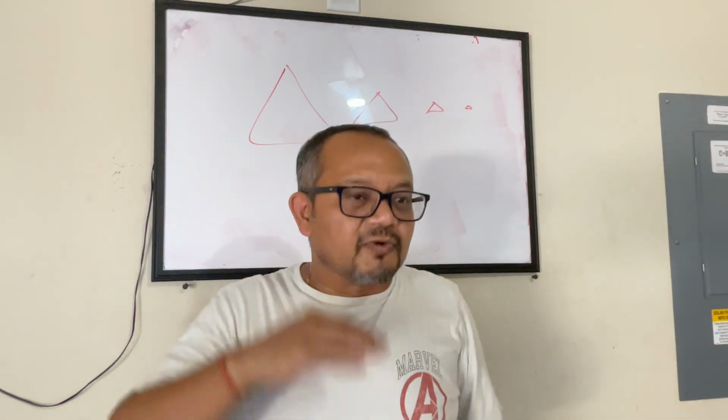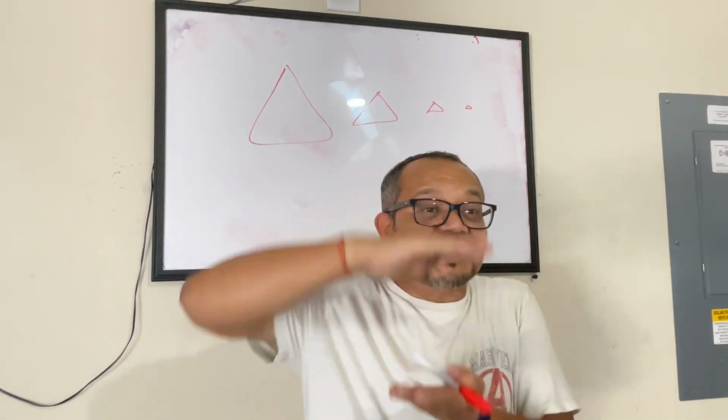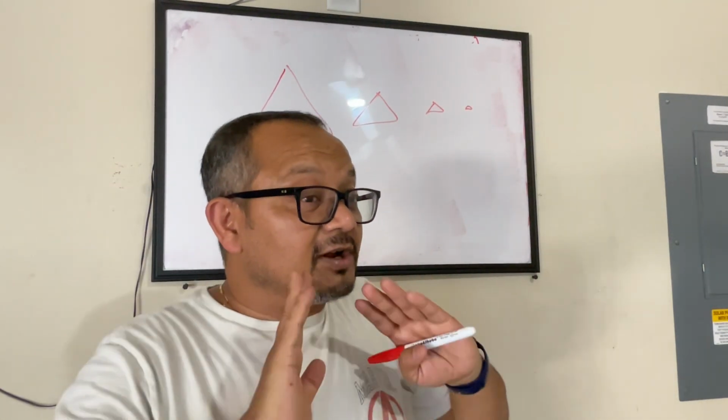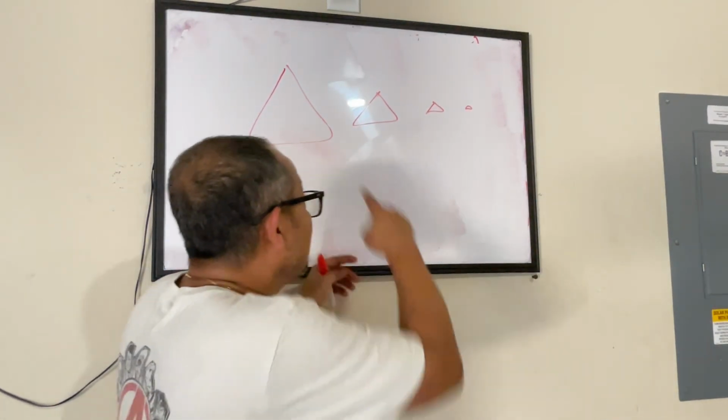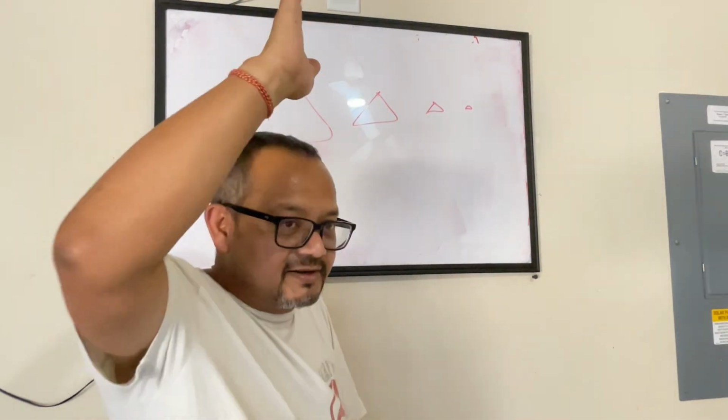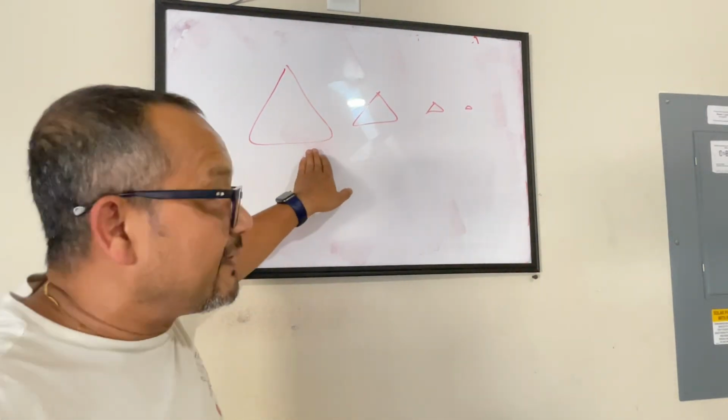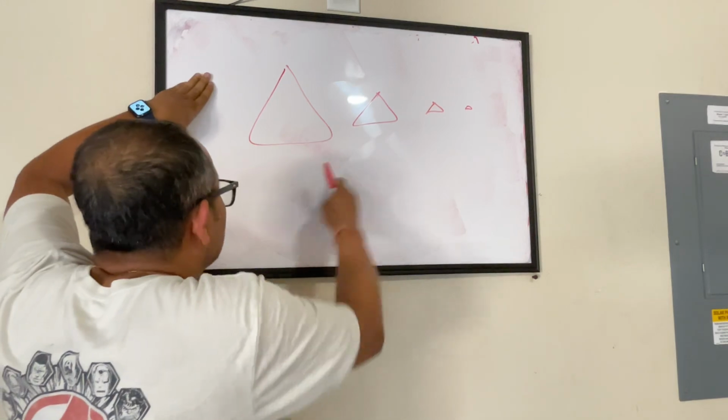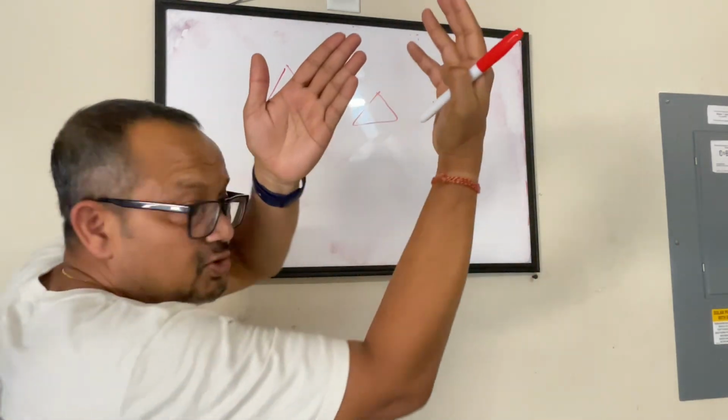Sorry, is this about volume? No, we are not going to volume yet. We'll talk about volume when we go to three-dimensional objects. Right now we are talking about two-dimensional objects, meaning only length and width, no height. These triangles don't have height. There is no third dimension actually.